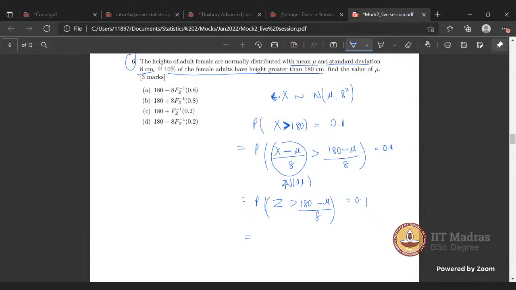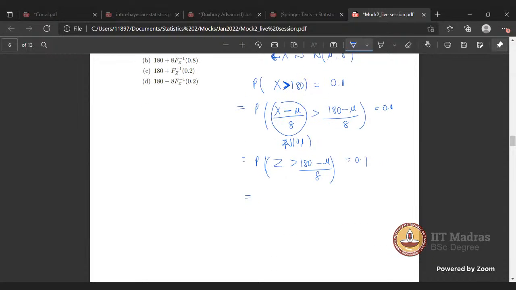Since it is very difficult to work with the PDF of the normal distribution, because the integration is very lengthy, tricky and complicated, there is a slightly simpler approach, going through the standard normal distribution. I can always convert the random variable x to its standard normal form by subtracting its mean and dividing by standard deviation.